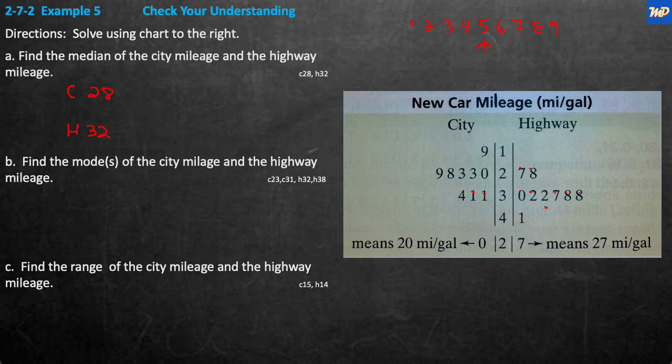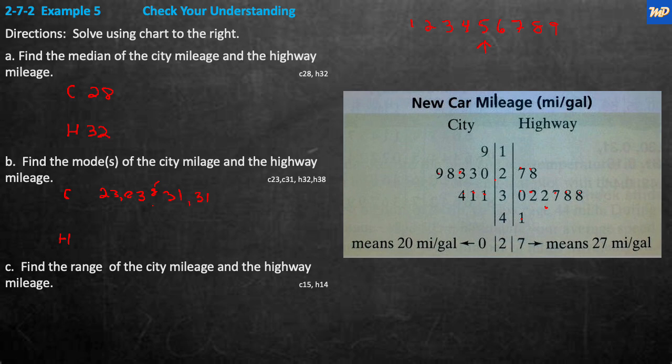So we're going to have city and highway again. For the city, I see 23s and 31s. So that means 23s are modes, so we have a 23 and a 23. And the 31s are modes too, so those are 31 and 31.